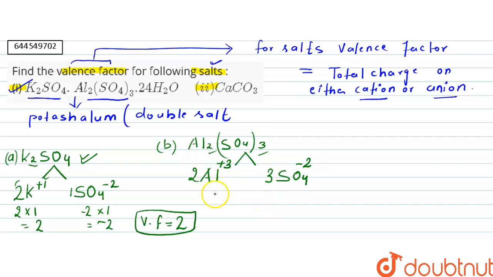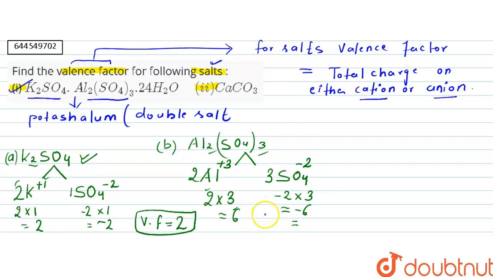And now we will find the valence factor. We find it like 2 multiplied by 3, where 3 is the charge and 2 is the number of moles of that particular element. Again it is equal to 6. And for sulfate we will write -2 into 3 is equal to -6, that is 6.